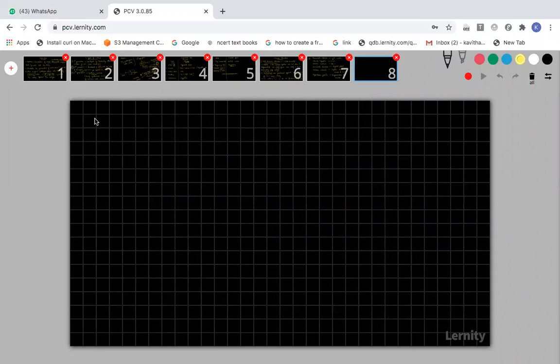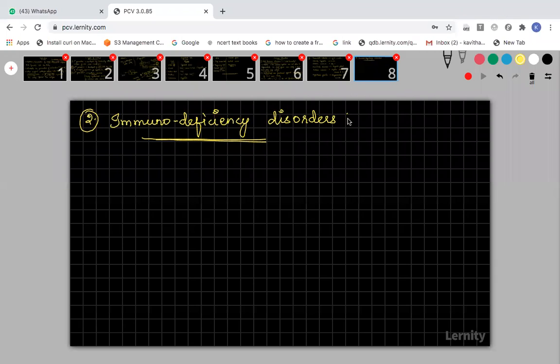Now the second disorder we are going to see is immunodeficiency disorders. Immunodeficiency means your immune system becomes deficient so that it cannot produce antibodies against the antigen, and it will invite all the diseases.